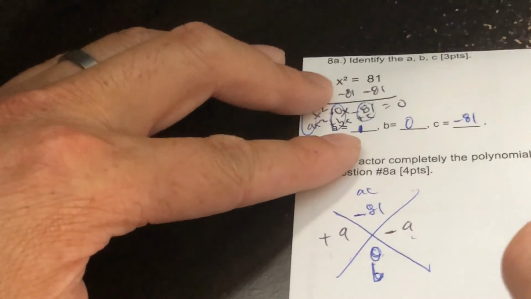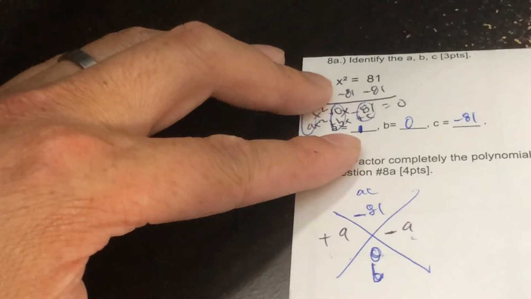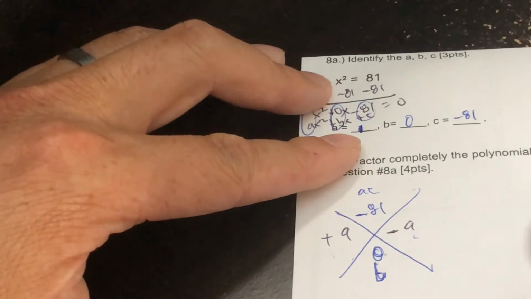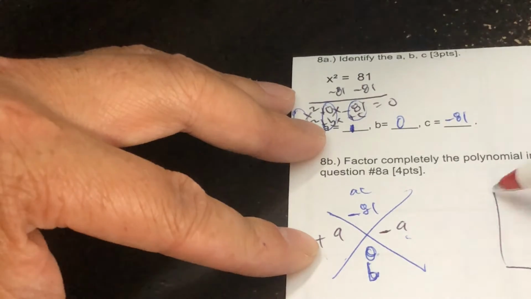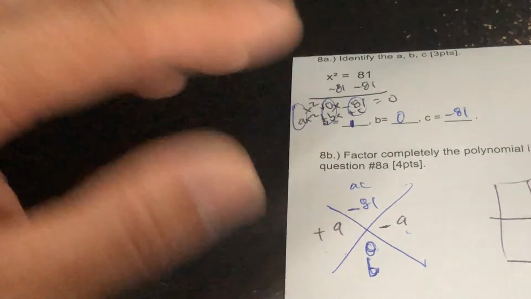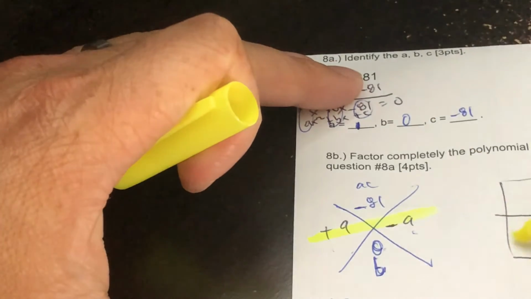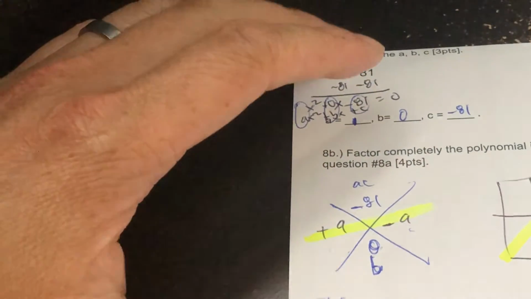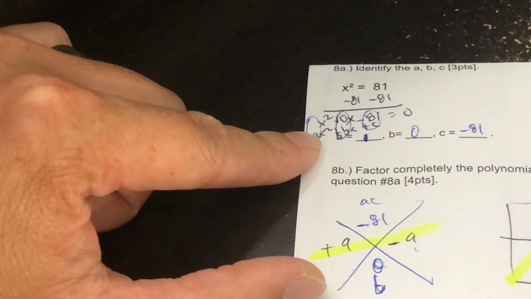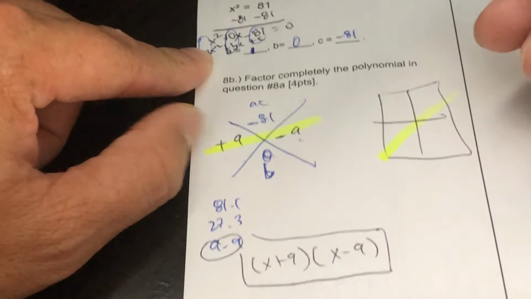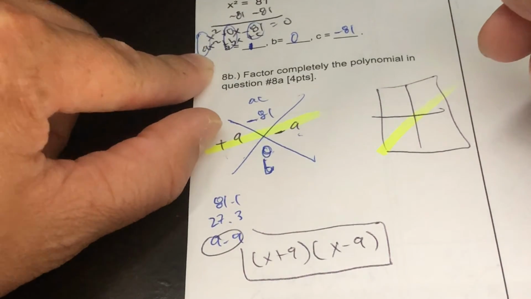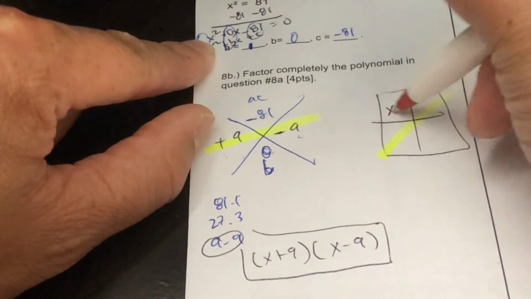x plus 9, x minus 9. Now, again, you can also put this into your box and get the same answer. Not necessary, but I'll show you really quickly. So again, you always put in your first term right here, so that'll be x squared.